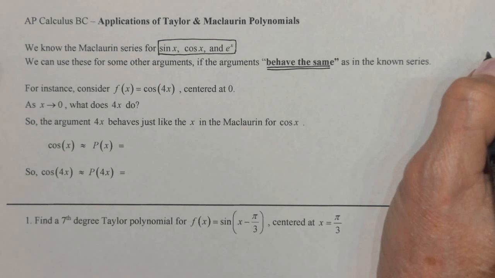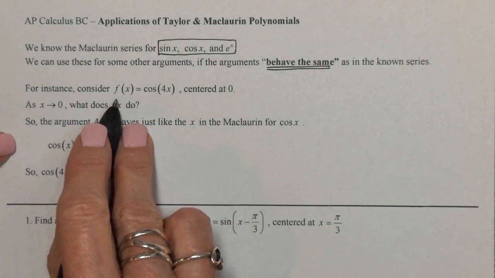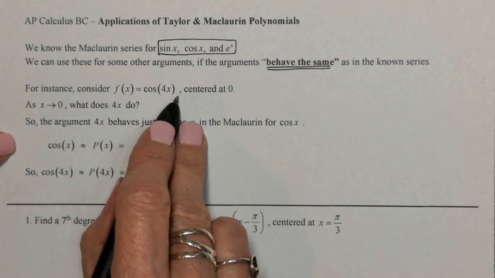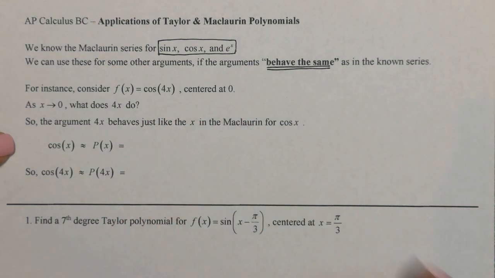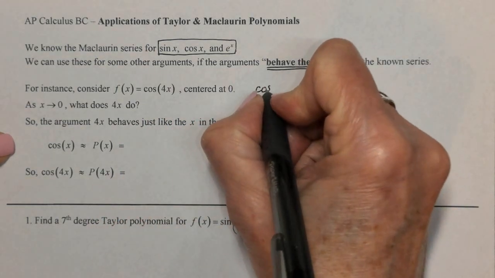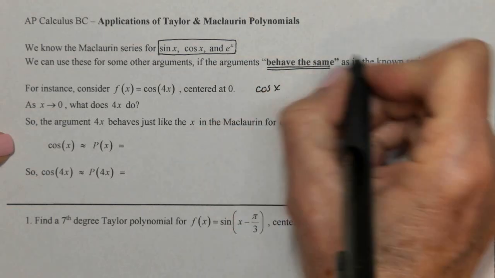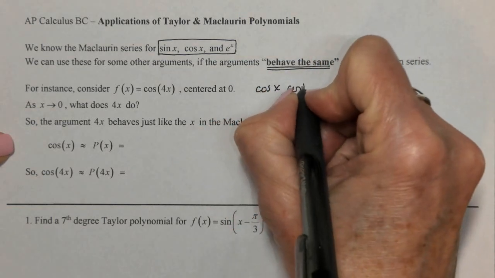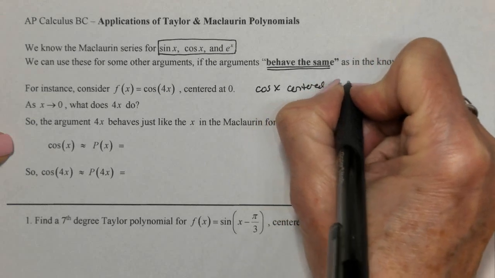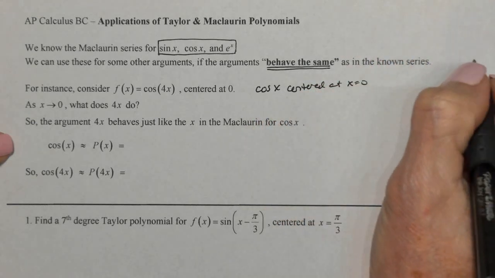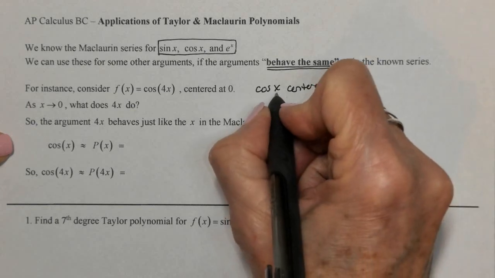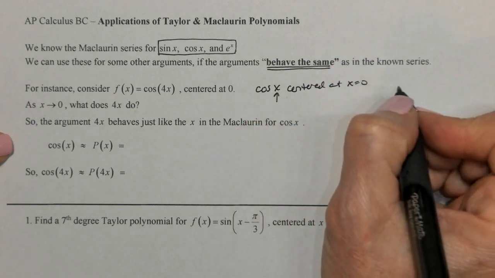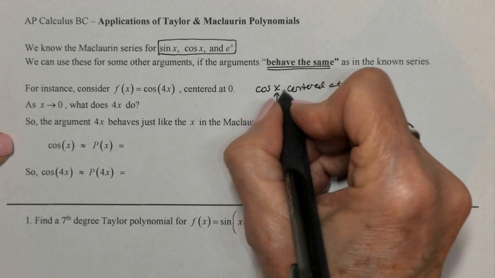All right? For instance, let's consider this one. f of x is cosine of 4x centered at 0. So we have memorized the series for cosine x centered at 0. As x goes to 0, the argument goes to 0.